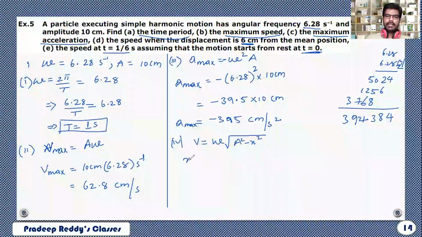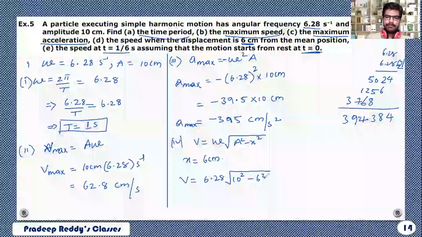X is position. In this case, position is given as 6 centimeter. Substitute all values here. V is equal to 6.28 under root A square, which is 10 square, minus 6 square, X is 6, and this is in centimeter per second.